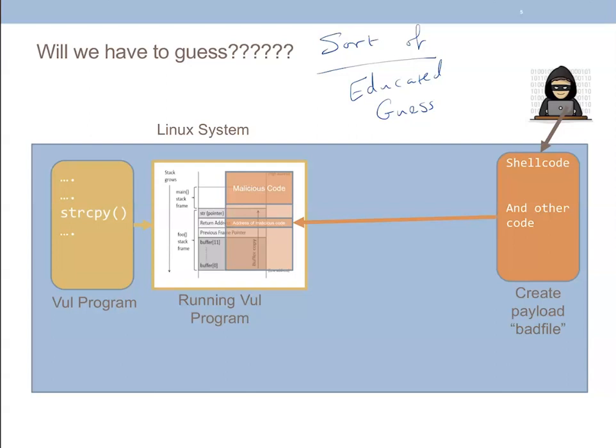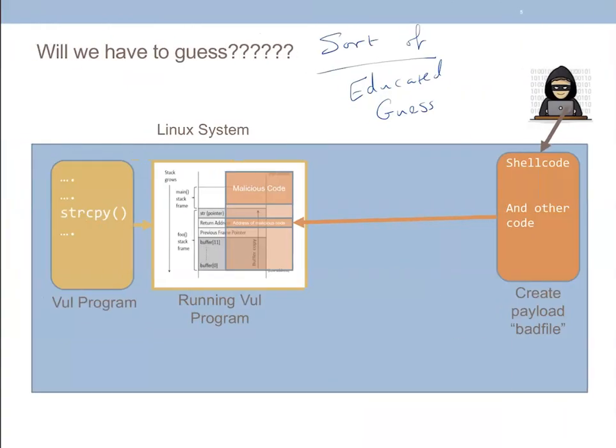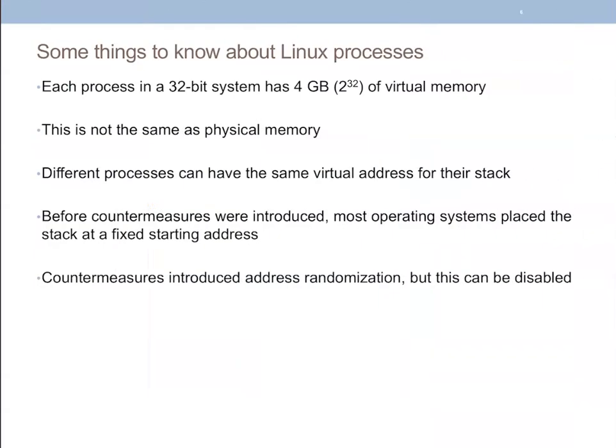Now, before we even get into that part of it, I need to give you a little bit of background about Linux processes. When I'm talking about Linux processes, I'm talking about this part here. When the loader loads a program into memory, you now have a process running that contains your stack, your heap, environment variables, all of that stuff. That's what I'm talking about with the process.